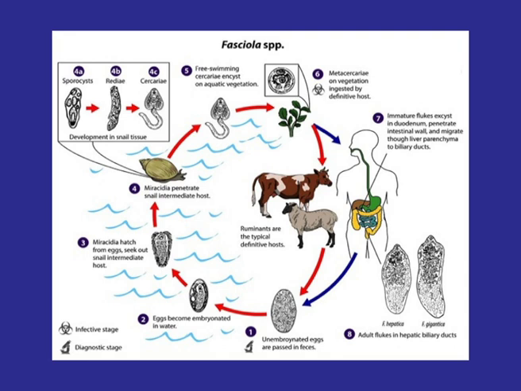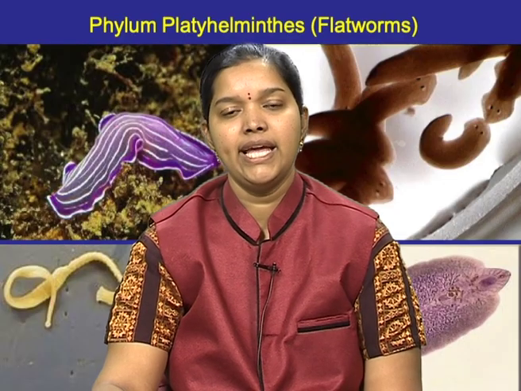In the snail it will undergo different stages, that is sporocyst, then 2 cycles of redia, then cercariae, and finally it escapes the snail and enters the host again. Here this cercariae will encyst itself to form metacercariae. So, this metacercariae form of larva is the actual infective form of the larva.